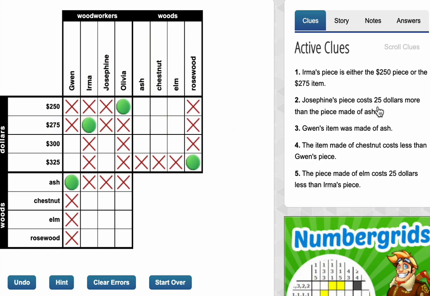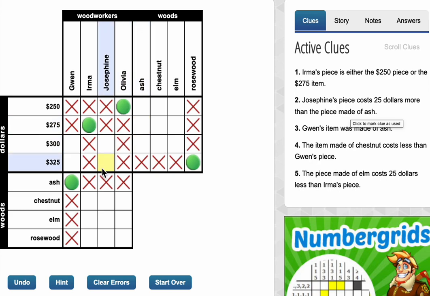All right. Josephine's piece costs $25 more than the piece made of ash. So Josephine can only be 300 or 325. That limits what the ash could be. If Josephine is 300, then ash could be 275.